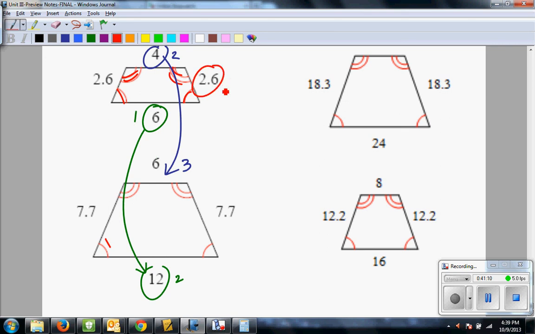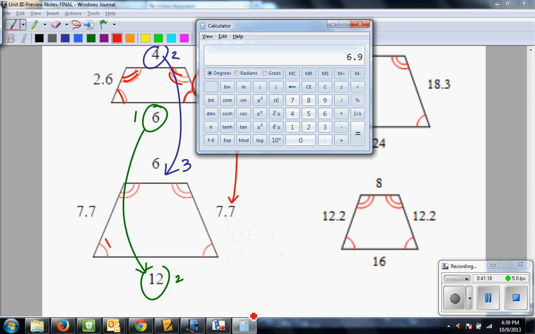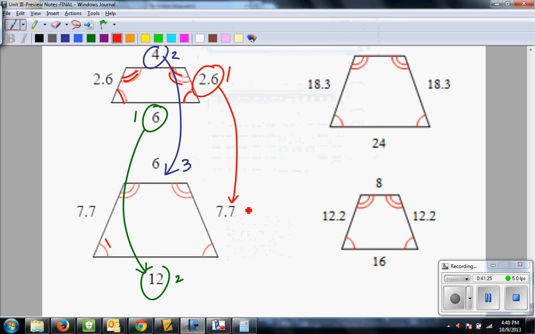And this last one, that is a 1 to... it's not 3... 7.7 divided by 2.6. It's approximately a 1 to 2.9 ratio, so the ratios do not equal here. So we would say these are not similar.